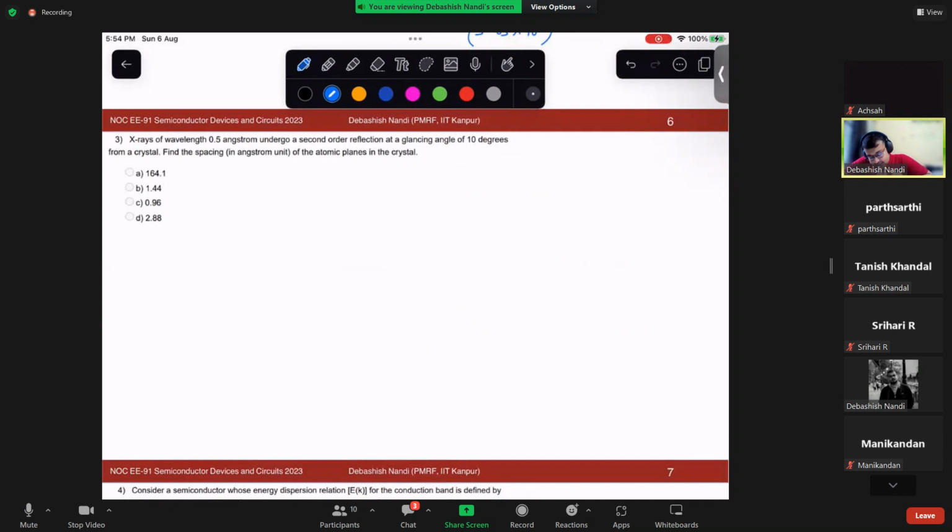X-rays of a given wavelength in angstrom undergo a second order reflection at a given glancing angle from the crystal. Find the spacing of the atomic planes in the crystal. First thing, tell me, did you read about X-ray crystallography or Bragg's diffraction law?